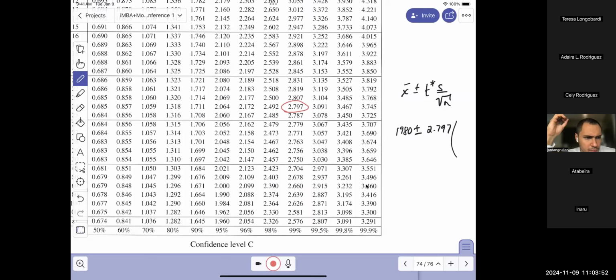S was given as 150, divided by the square root of 25.